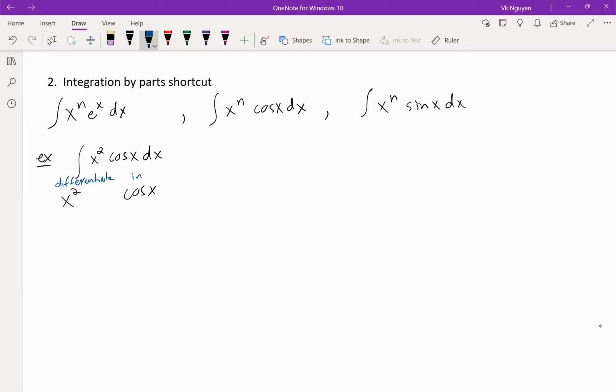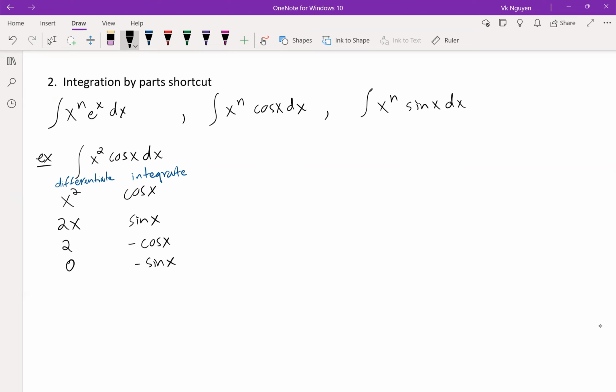On the other side, we're going to integrate. Derivative of x squared is 2x. Derivative of 2x is 2. Derivative of 2 is 0. Can't do any more. Now integrate cosine x: we get sine x, negative cosine x, negative sine x.